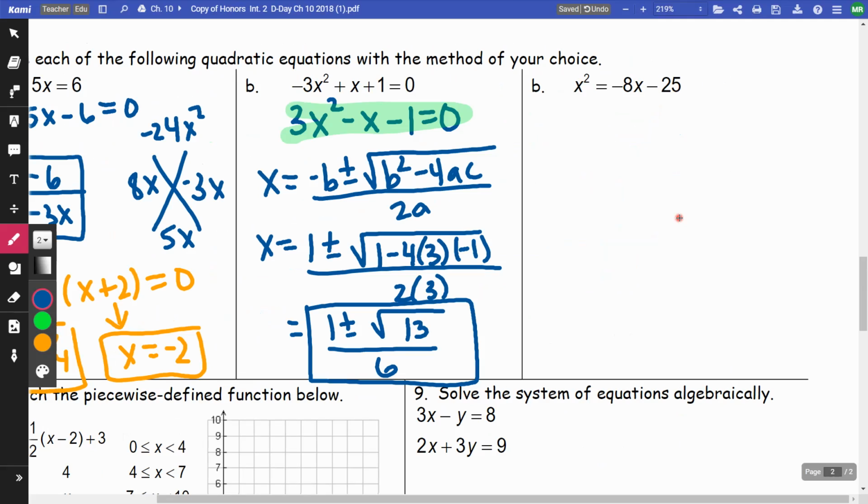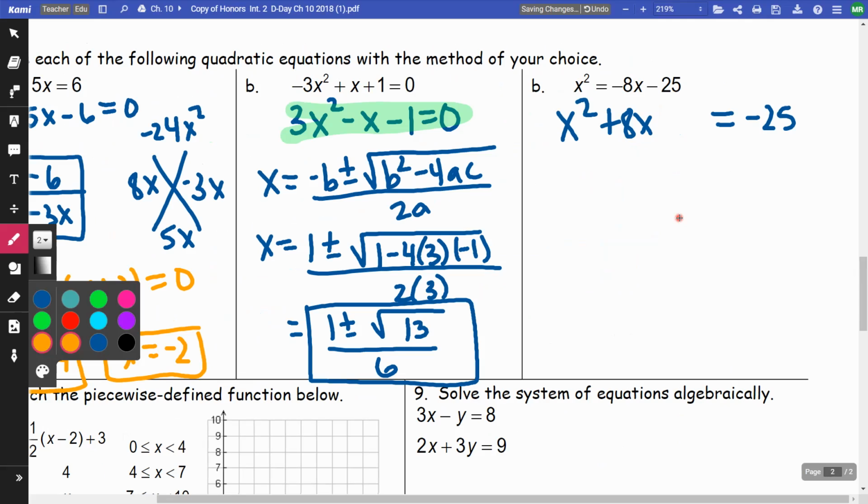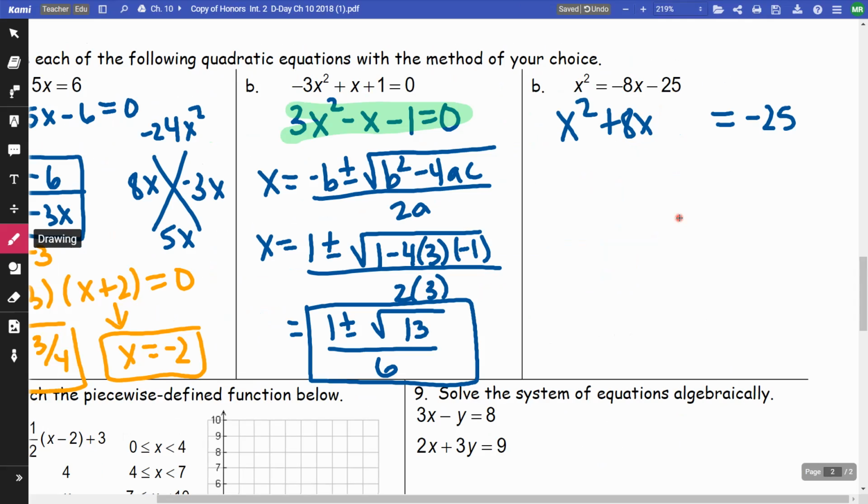On the next one, I'm going to have my x squared. I'm going to bring over my 8x, but I think I'm going to keep my negative 25 over here. And I'm going to complete the square. You can also do quadratic formula, but have your 25 with your x squared. So in this case, half of 8 is 4, and 4 squared is 16.